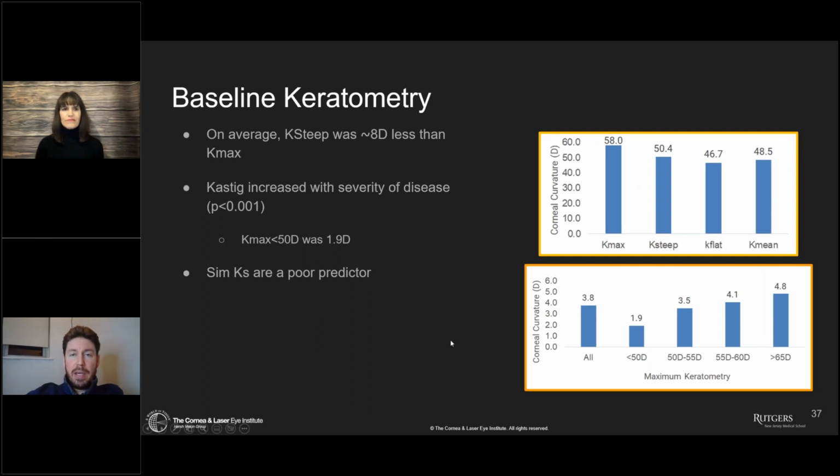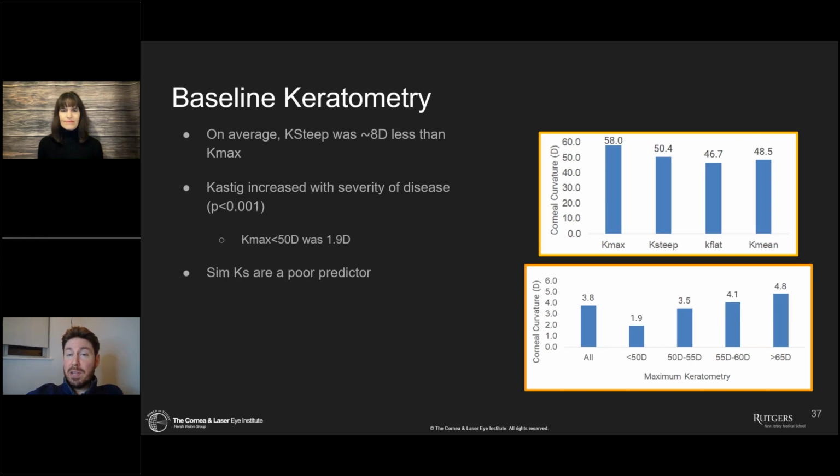We looked at auto Ks versus Kmax, and what we found was that the steep K off of auto Ks was on average 8 diopters less than what we would see on Kmax. So often what this would mean is that we were underdiagnosing keratoconus if we were only looking at K steep.